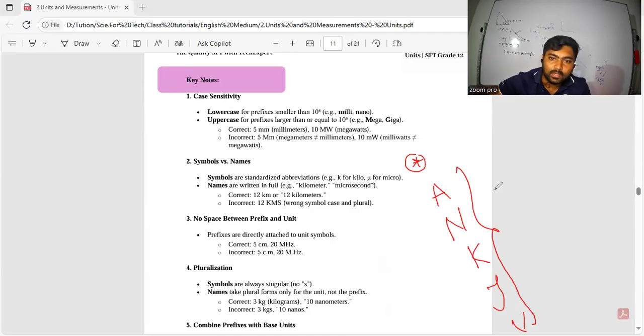Actually, these are capitalized because they are named after scientists. There was a scientist called Newton, a scientist called Ampere, Joule, Volt, Kelvin. There were scientists and there were people.